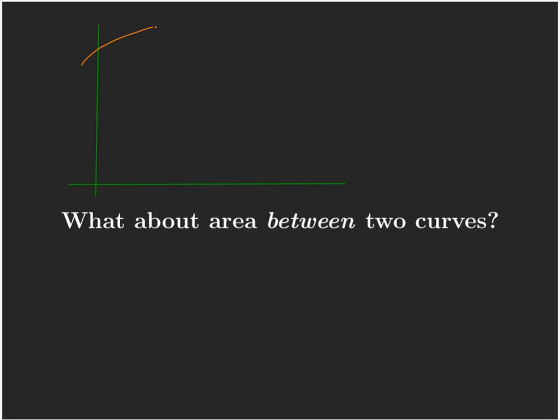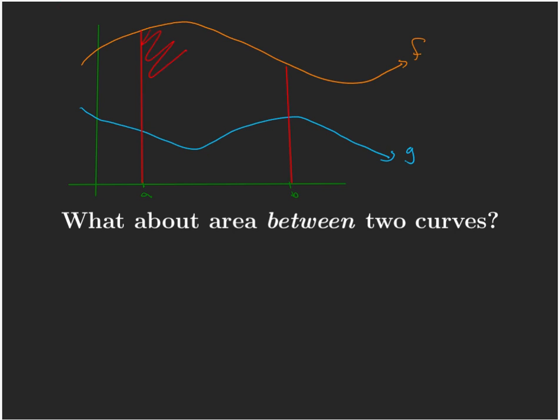So maybe here's my function f, and I've got some other function down here, g, and I'm going to go from an x value a up to an x value b, and I'm going to look at this area. Not just underneath these curves, but this shaded in area, just the stuff in between. How do we find this area?